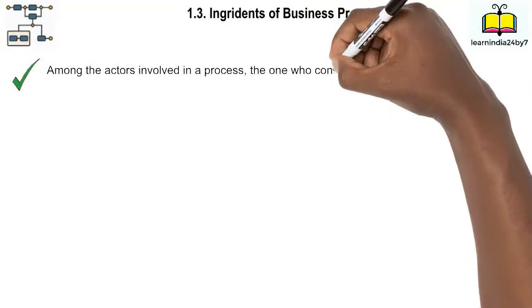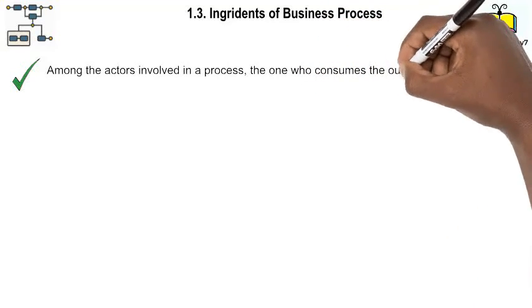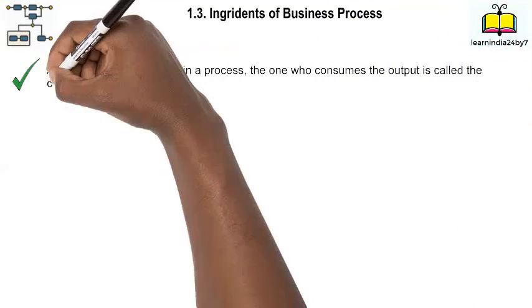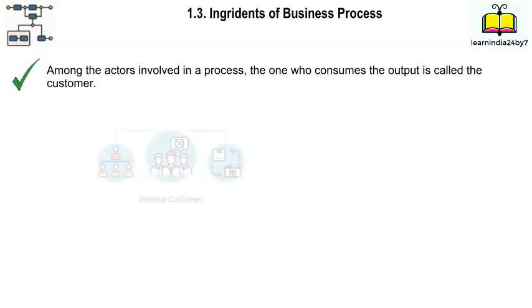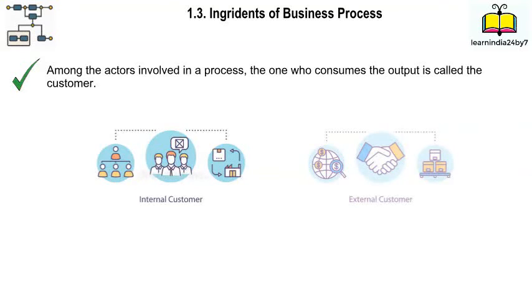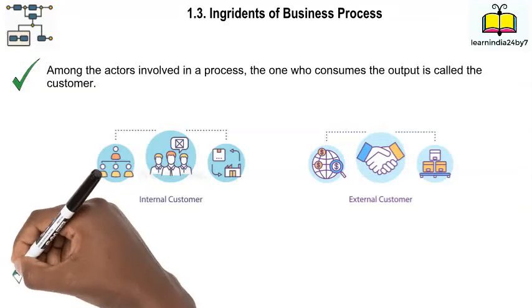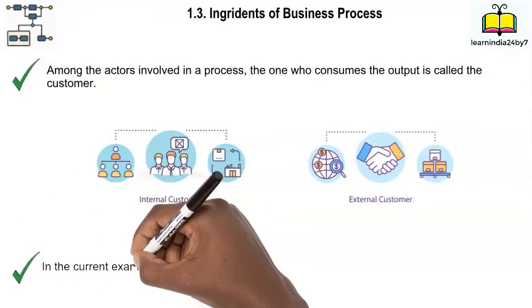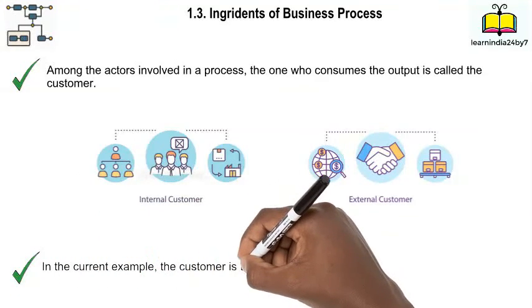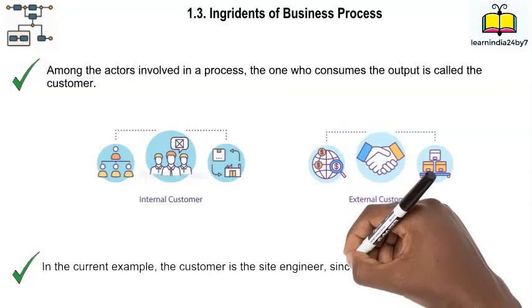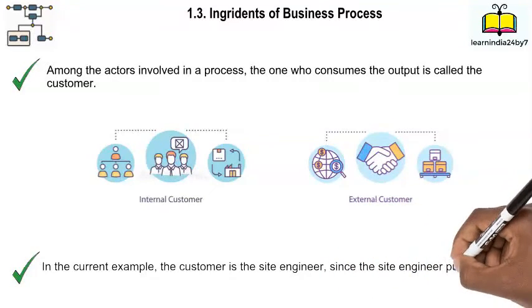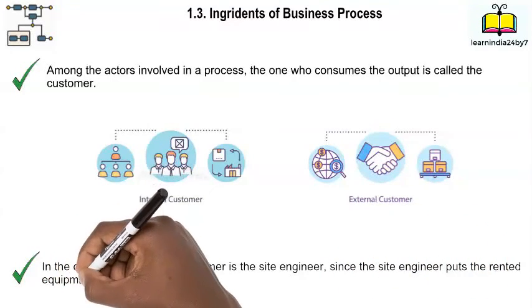Among the actors involved in a business process, the one who consumes the output of the business process is called a customer. In the current example, the customer is the site engineer, since the site engineer puts the rented equipment to use.